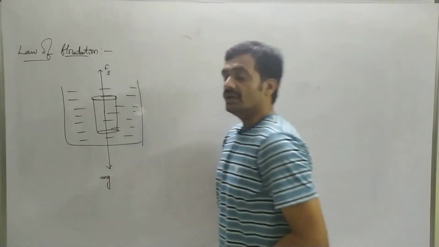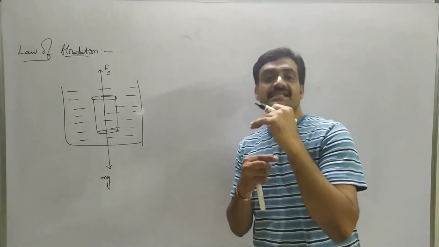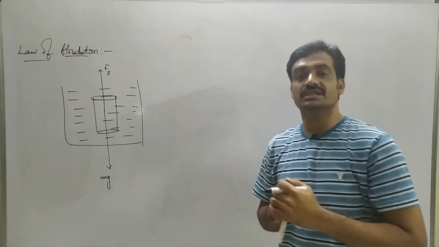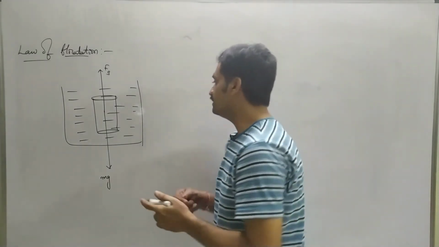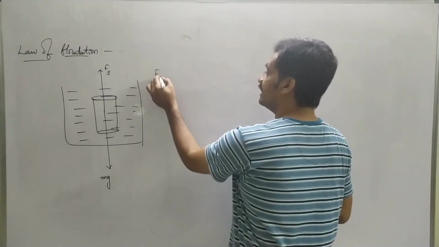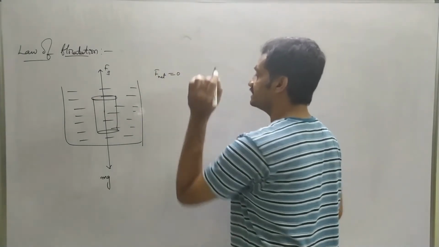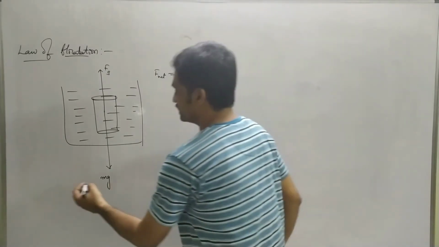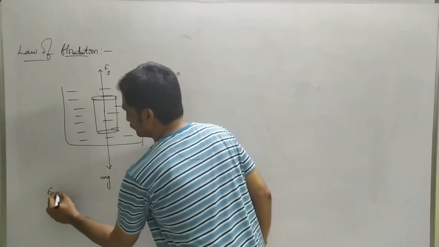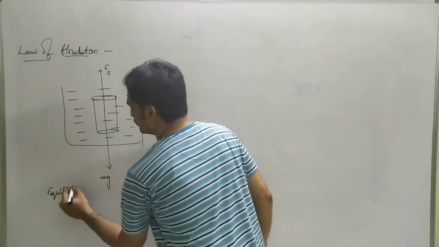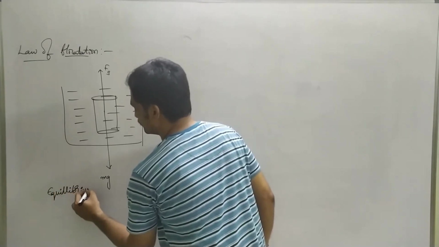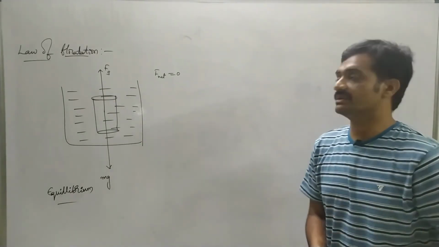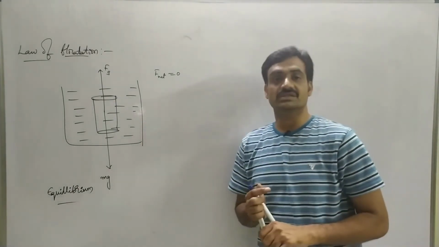If we consider the body is in equilibrium, at a rest position without changing its place, then we can represent the net force acting on the body as equal to 0. Why? Because the body is in translational equilibrium.